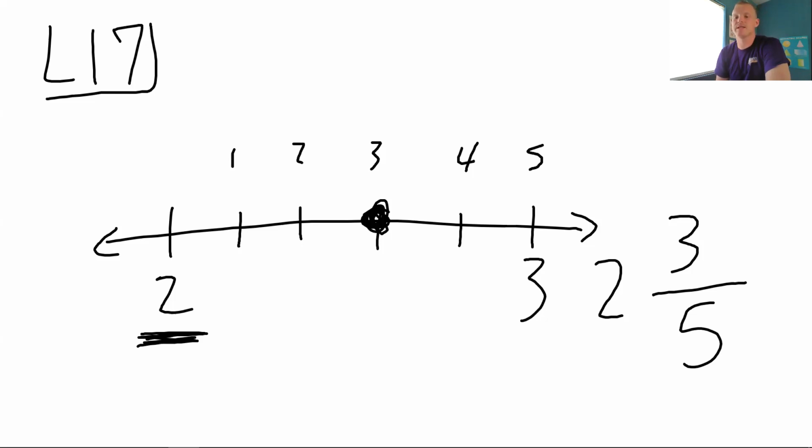Then you go to 5/16, 3/8, which is the reduced version of 6/16, then 7/16. 1/2 is the reduced form of 8/16, 9/16, 10/16 or 5/8, 11/16, 3/4 or 12/16, 13/16, 7/8 which would be 14/16, 15/16, and then once we get to your next whole number, you're going to have 16/16.